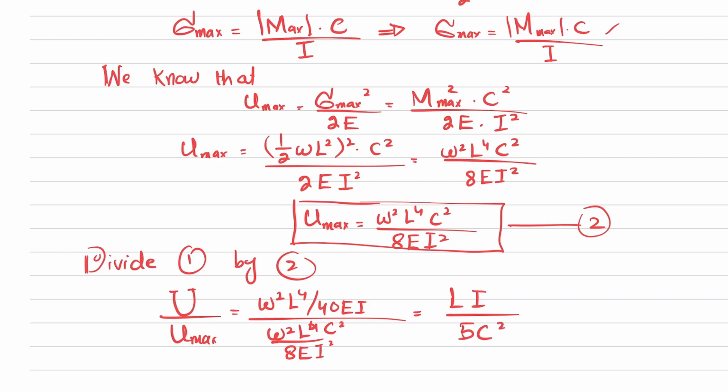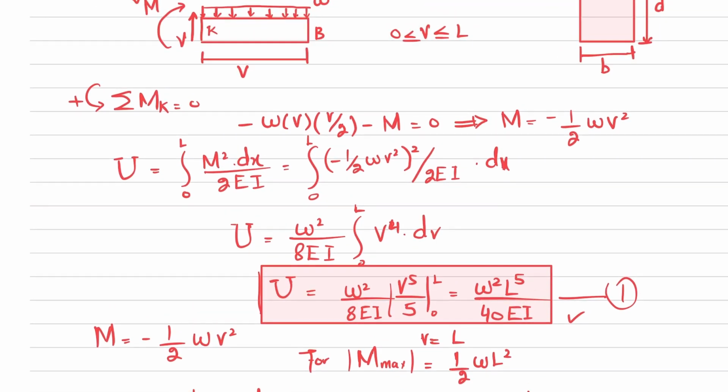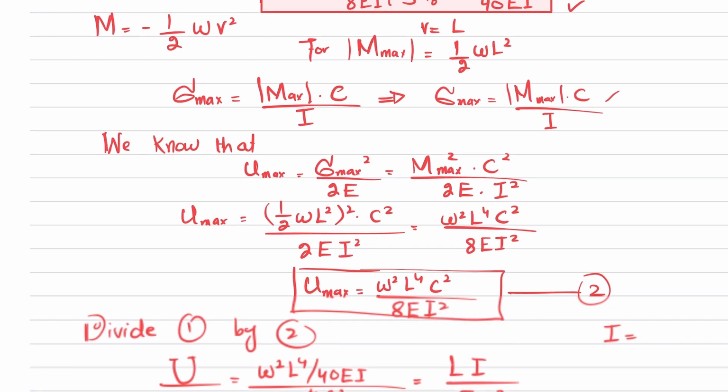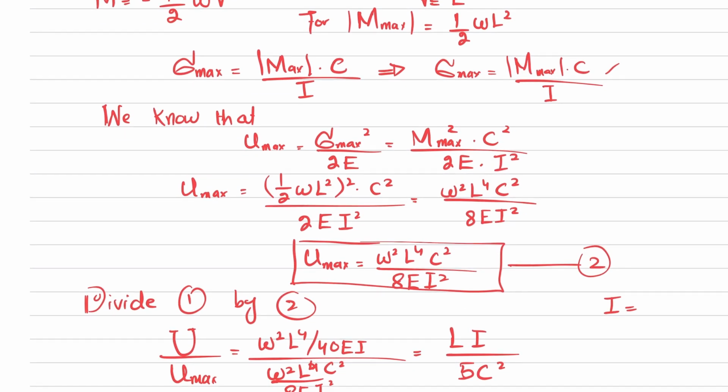Okay, now we know that for a rectangular beam I is equal to 1 over 12 BD square, BD cube, sorry, that is 1 over 12 BD cube.